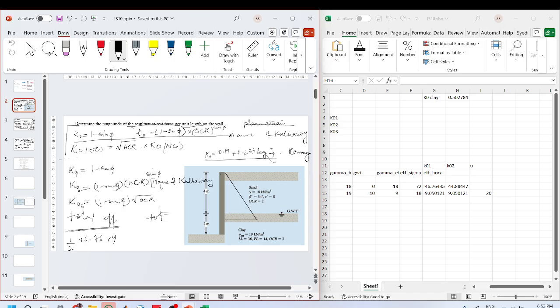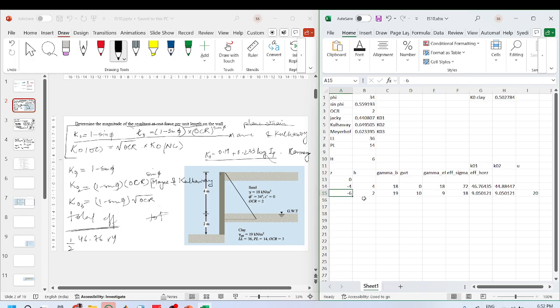Here you will have, I forgot about it. Let's see. What we will do is at 0, at 4, and then again at 4, we will have 19, 10, this, then we will have effective.